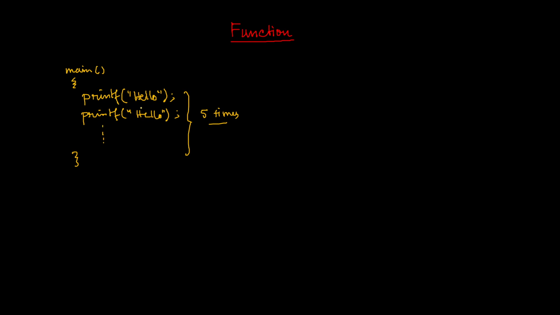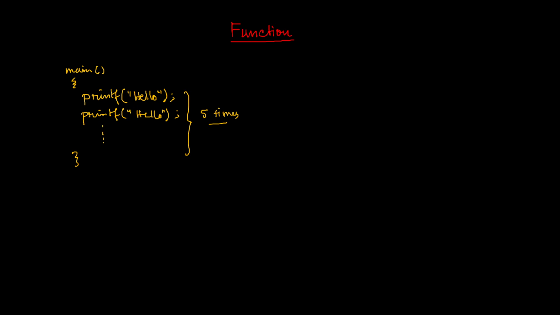Why? The reason is that if I ask you to print the same word 500 times in your program, it will be pretty difficult, because writing 500 printf statements is not a solution. So naturally the question will come: how can we do this by avoiding writing the same statement again?